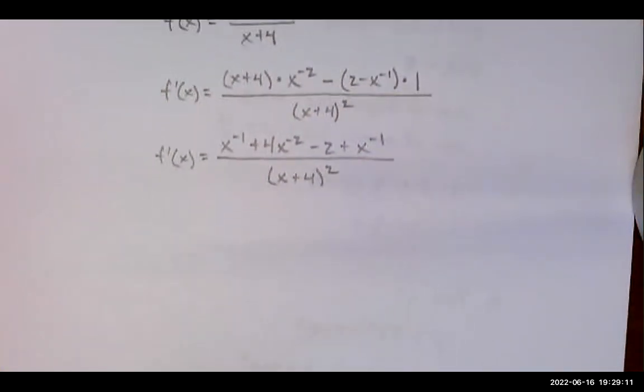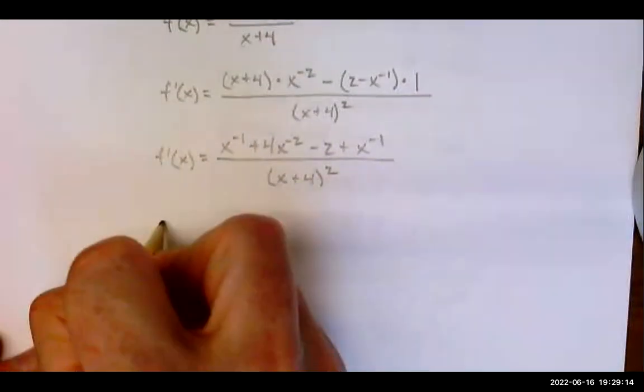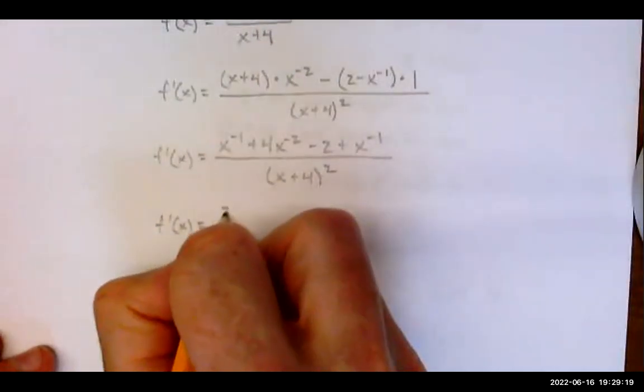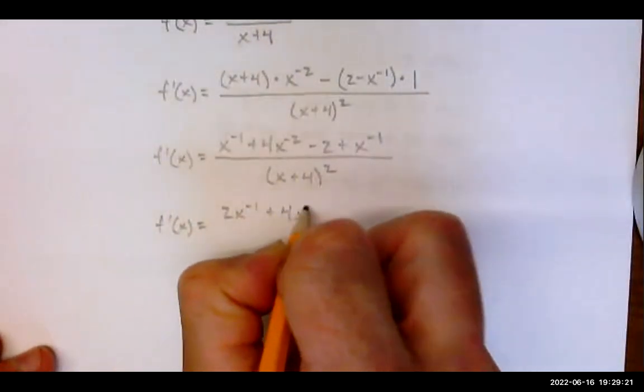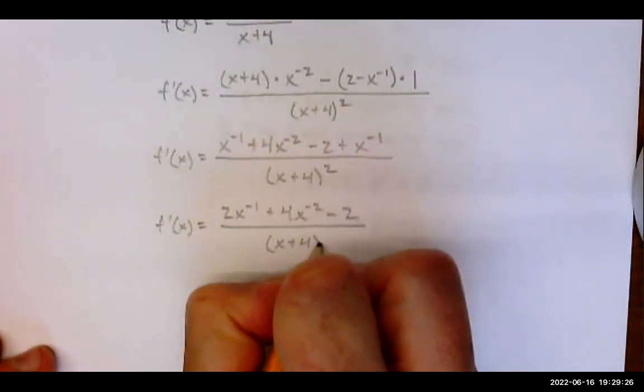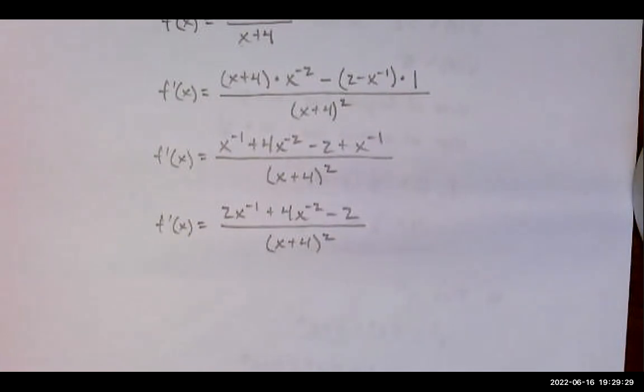I can combine x to the negative 1s. At this point, we need to recognize it's not simplified, and it's still really not in a good position to set equal to 0 and begin solving. Why is that? Because we have these negative powers of x inside of a larger fraction.